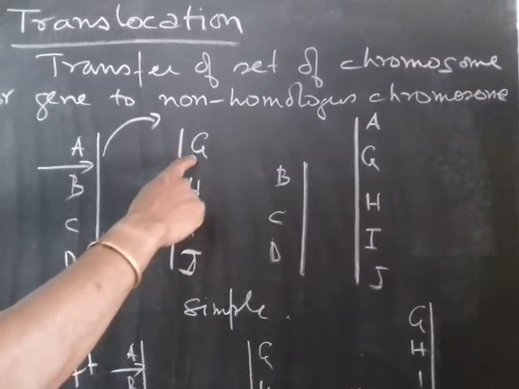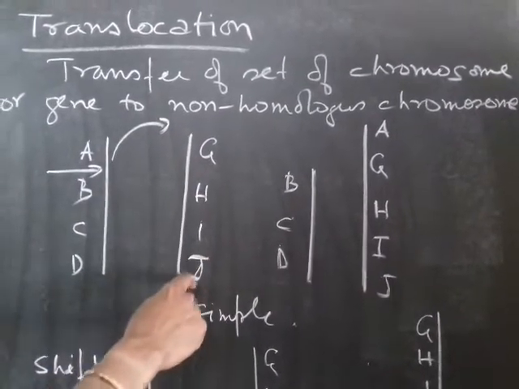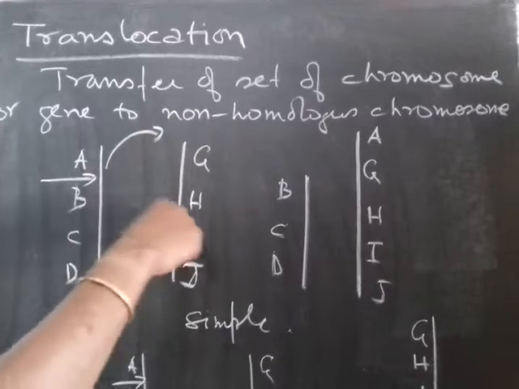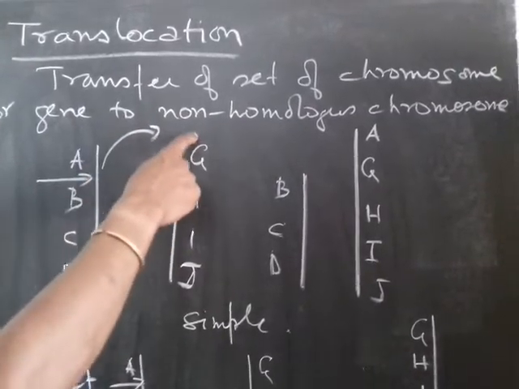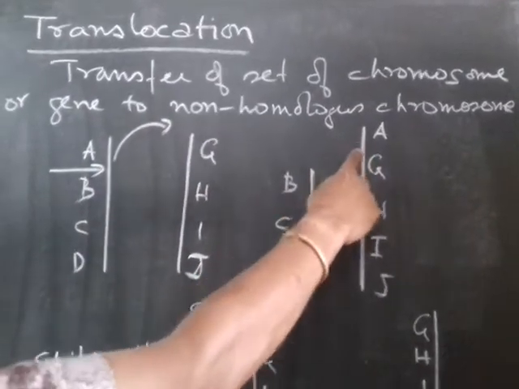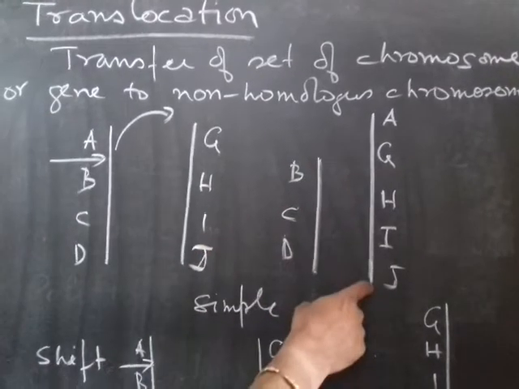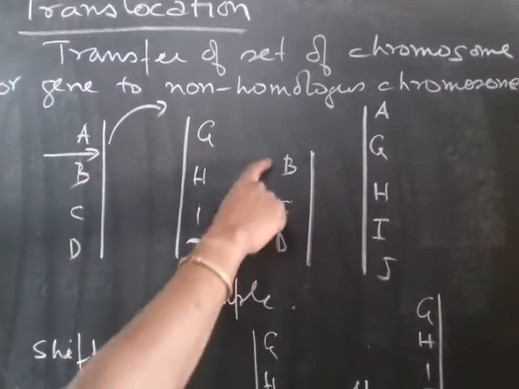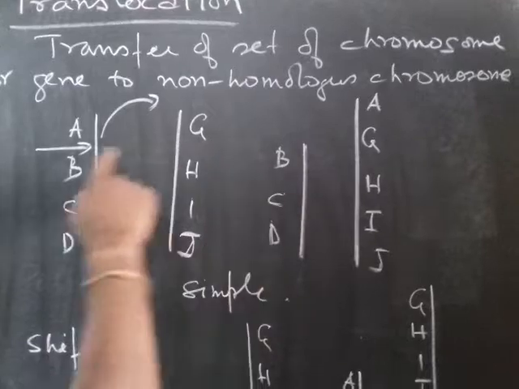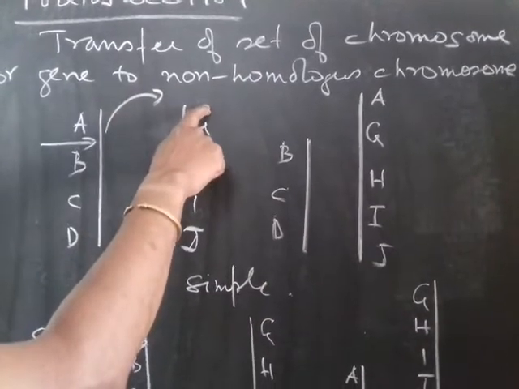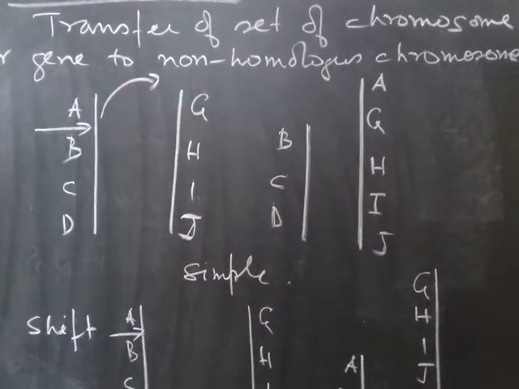So this is GHIJ, that means a completely different set of genes is there. So A is added here, so it becomes AGHIJ, and the normal chromosome naturally will become shorter. So since it adds to a non-homologous chromosome, we call it a translocation.